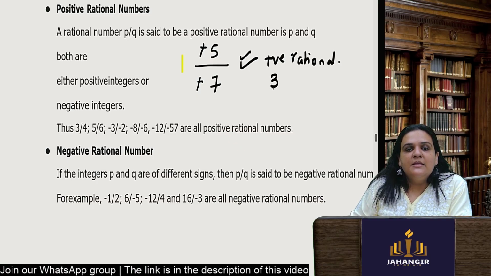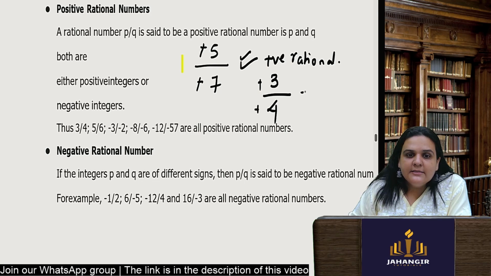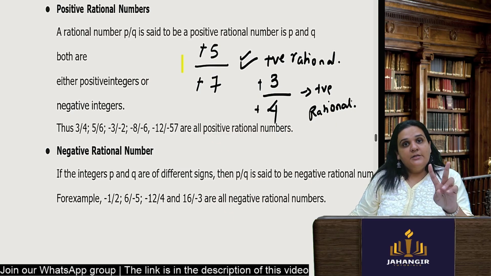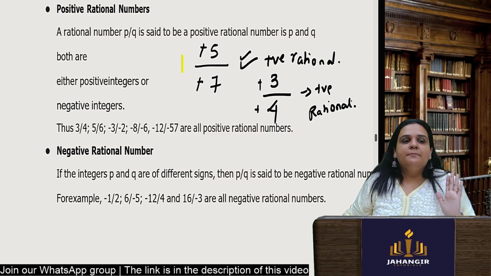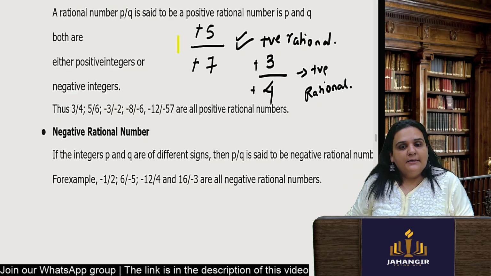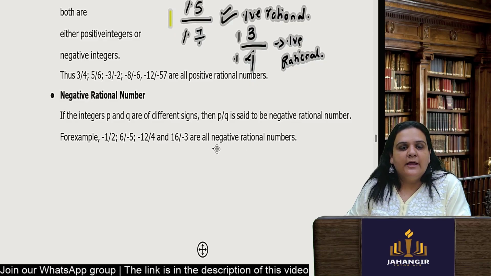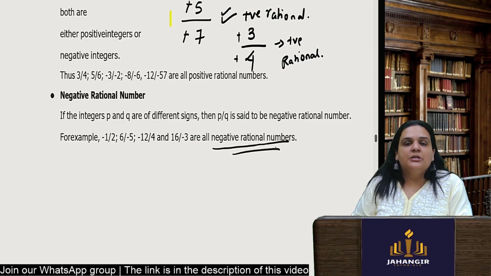I have 3 and 4. Plus 3, it is plus 4, minus sign is not put. Again, this is a positive rational number. So with the same signs, both the integers have the same sign, it is a positive rational number. But if they have different sign, if one number is positive, one number is negative, it will always be known as negative rational numbers.